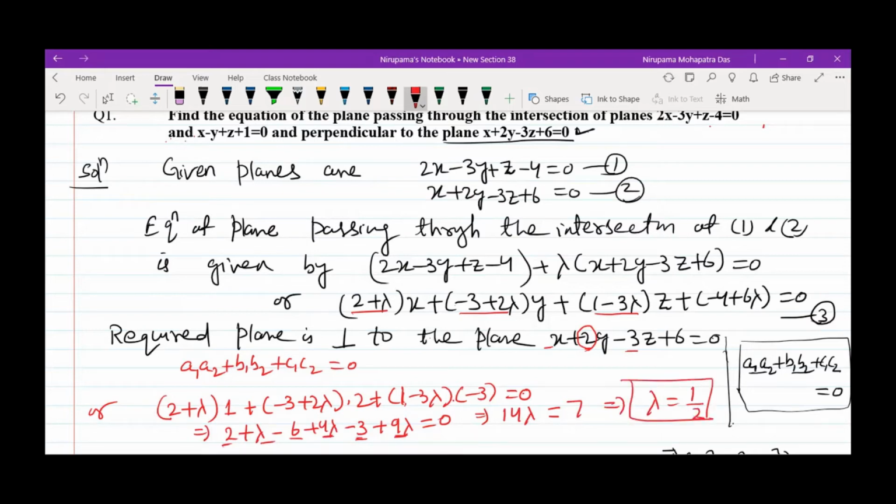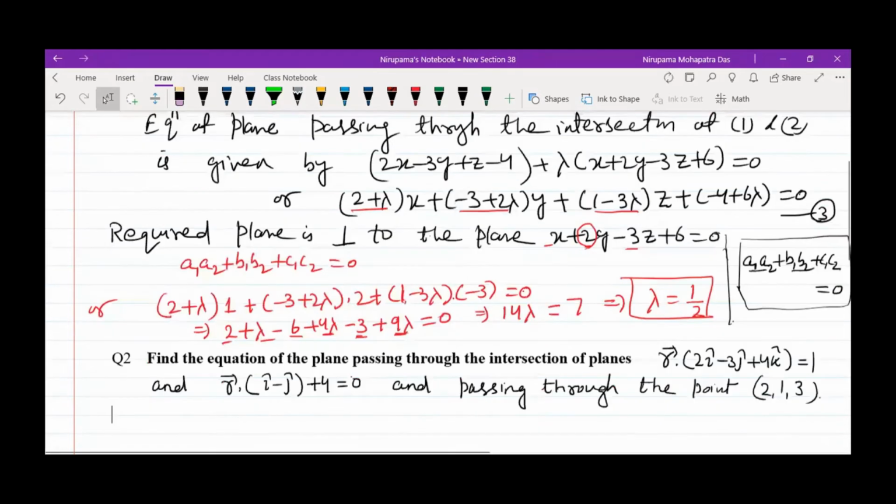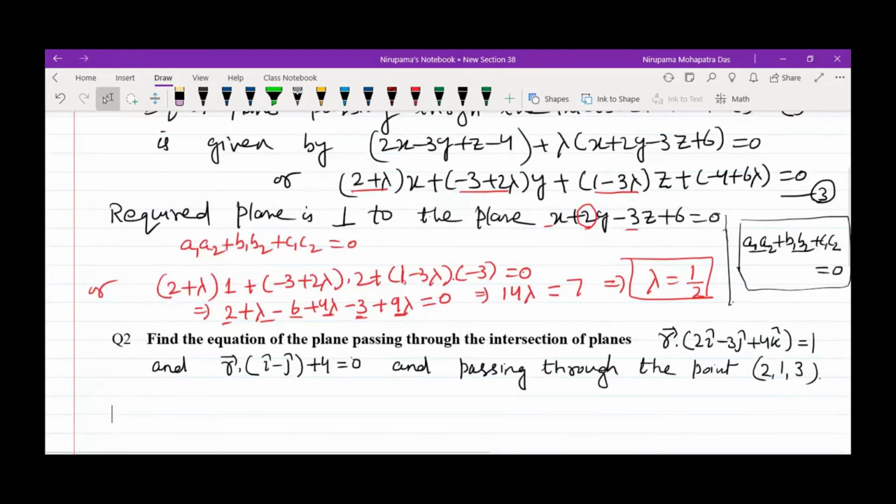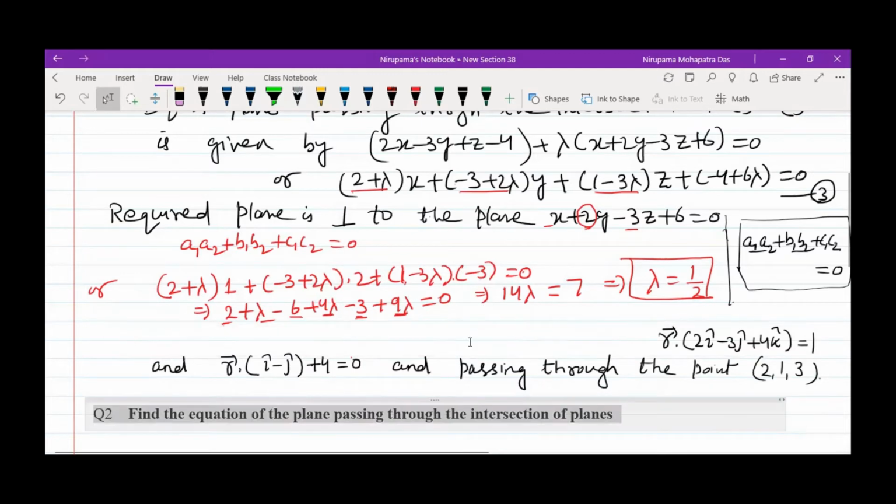So after getting lambda, you can get the equation. Now going back to equation 3, put the value of lambda.